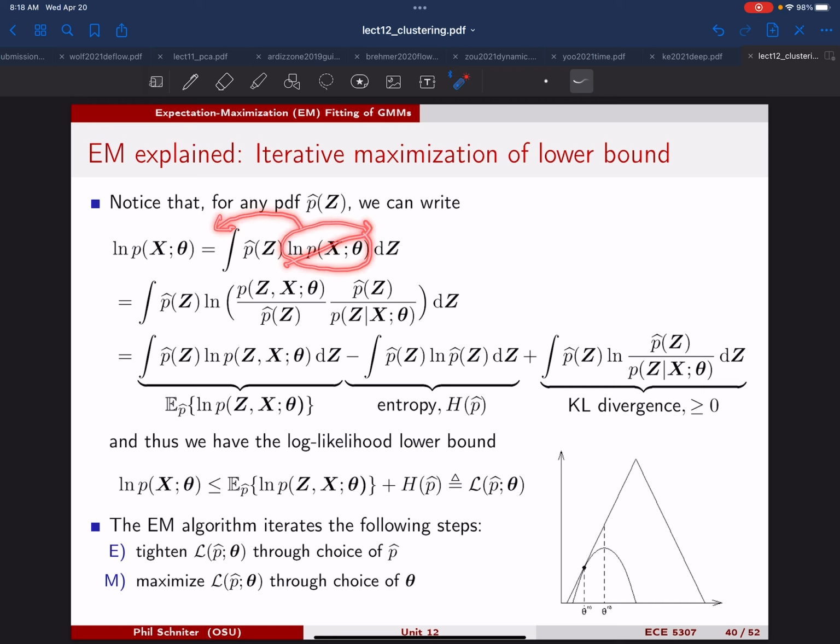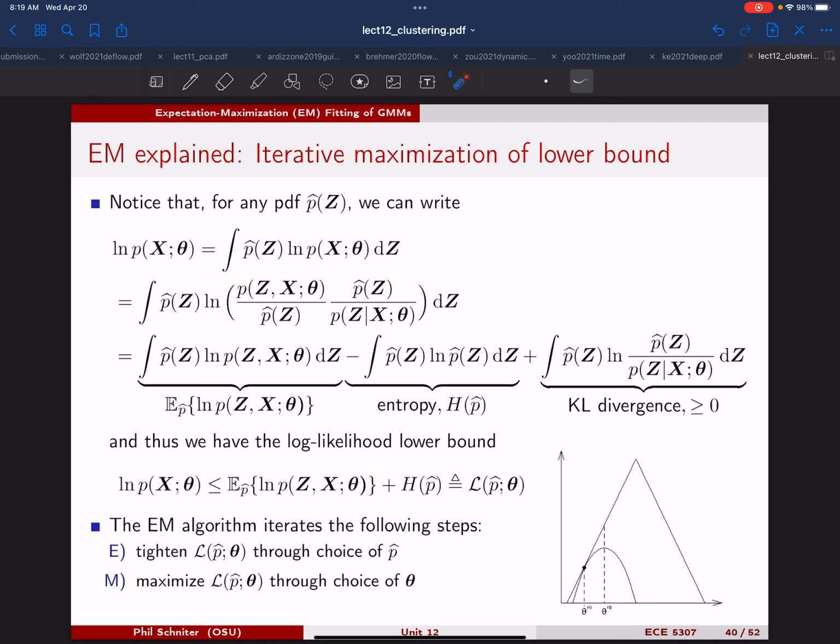So hopefully it's clear that these things are equal no matter what p hat is. Does that make sense? You're essentially rewriting this in a complicated way using the fact that for any density p hat, that density integrates to 1. Of course, there's a reason why we're doing this. But does everyone understand why we can write it this way?